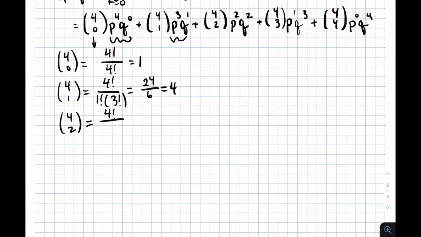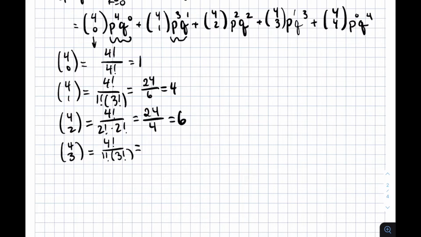Next we have 4 choose 2, which is 4 factorial over 2 factorial times 2 factorial, which is 24 over 4, and that gives us 6. 4 choose 3 is 4 factorial over 1 factorial times 3 factorial, which is the same as the other one, so it's 4. And then 4 choose 4 is 4 factorial over 4 factorial, which is 1.